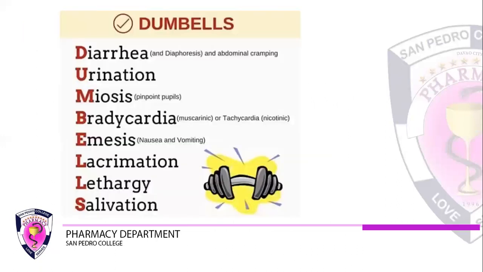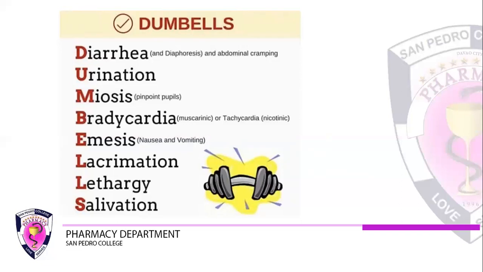To better remember the effects of the parasympathetic division when activated, remember lang tayo sa DUMBBELS. It stands for diarrhea, including diaphoresis; U for urination; M for miosis, constricted or pinpoint pupils; B for bradycardia if muscarinic; emesis, causing nausea and vomiting; lacrimation, lethargy, and salivation.